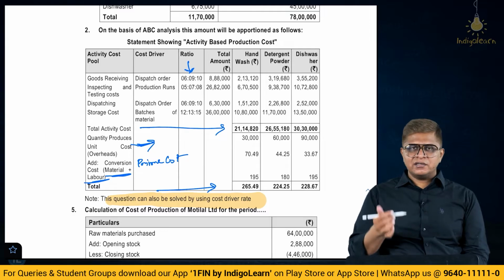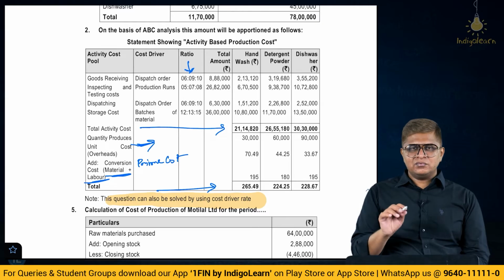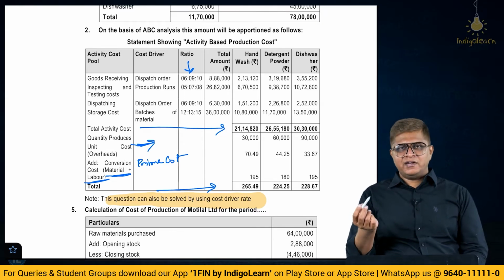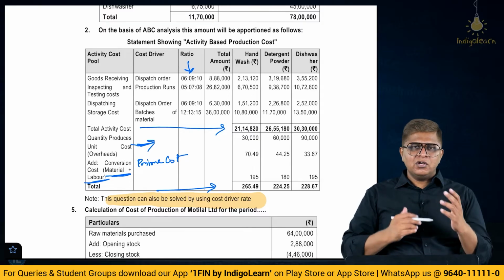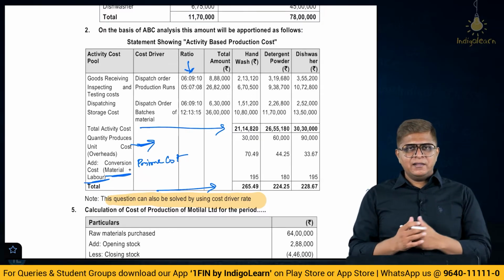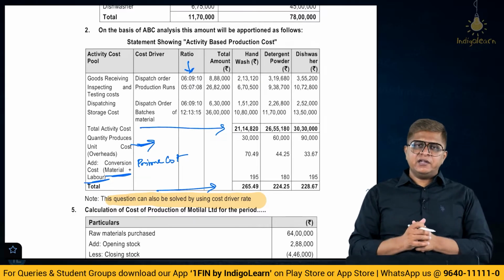The only confusion here is they have not clearly specified which dispatches refer to inwarding and which refer to dispatching. So that lack of clarity, we need to make an assumption. Luckily the proportion is same, so we can conveniently go ahead and do whichever for whichever line item, but otherwise make an assumption and we are good.